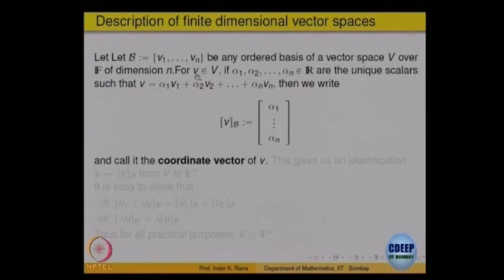For example, for polynomials of degree n, what is the basis? 1, x, up to x to the power n. So, for a polynomial p with those coefficients, what is the corresponding vector? a 0, a 1, a 2, up to a n. It is a vector of length n plus 1, a column vector.